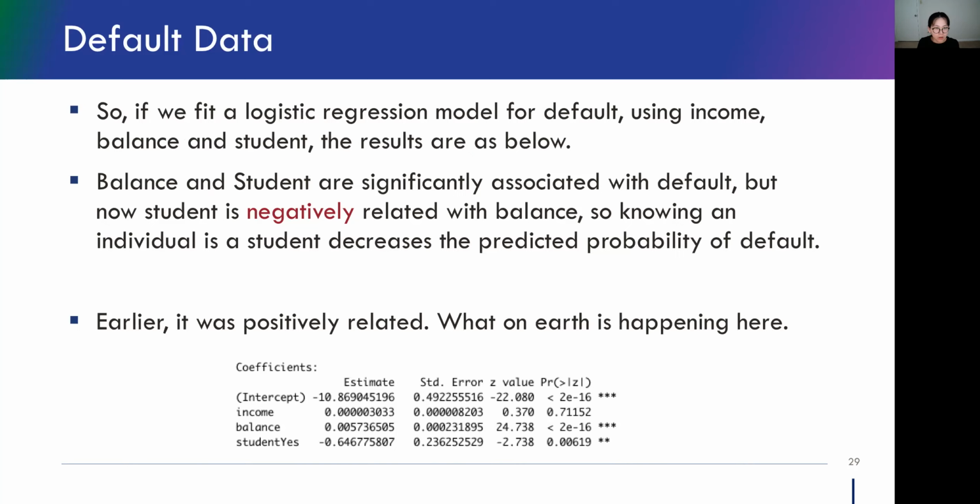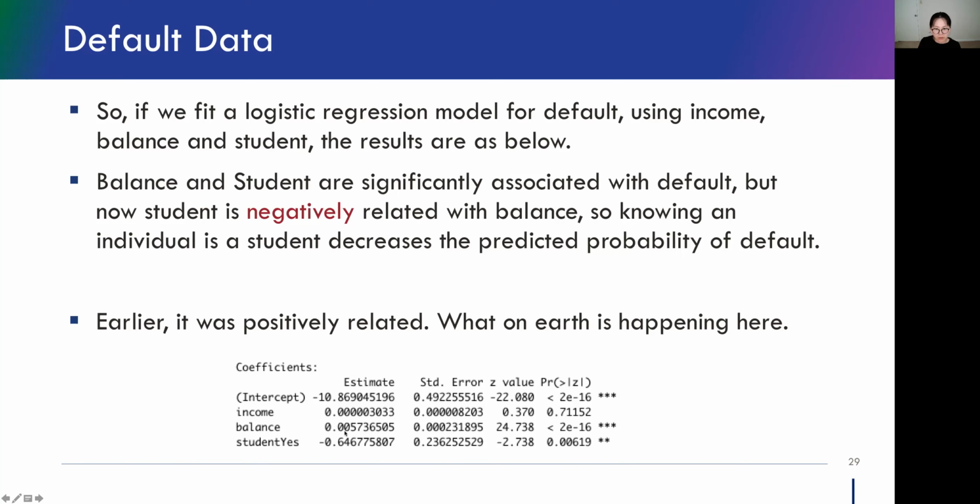Let's look again at this default data, but do a multiple logistic regression. So we basically regress default using income, balance, and the binary student variable.